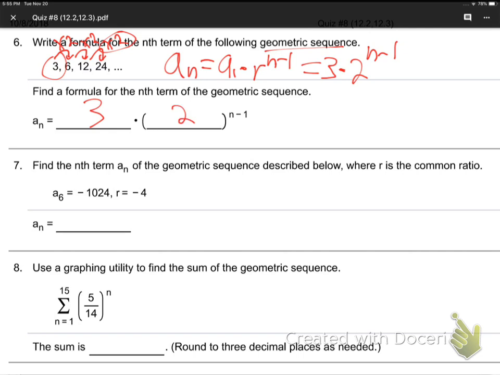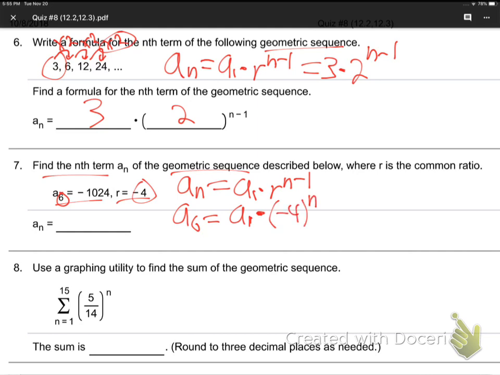That's all they want. Next one says find the nth term. They're giving you the 6th term and the r. So again, it's geometric. Again, A sub n is A1 r to the n minus 1. So they're telling me 6. I can plug in 6 for n. And A1 times r, the r is negative 4, to the n minus 1. Again, n is 6, so plug in right there, 6.